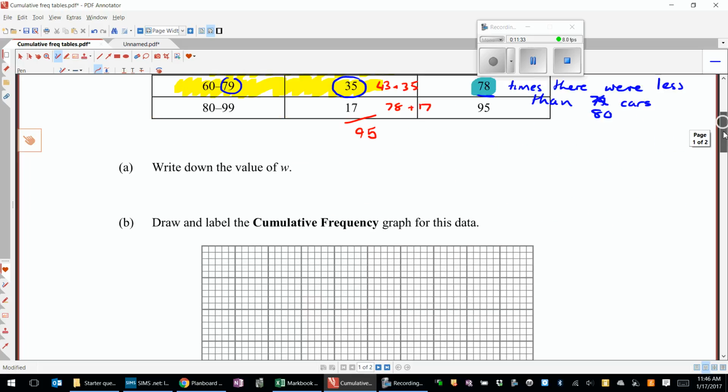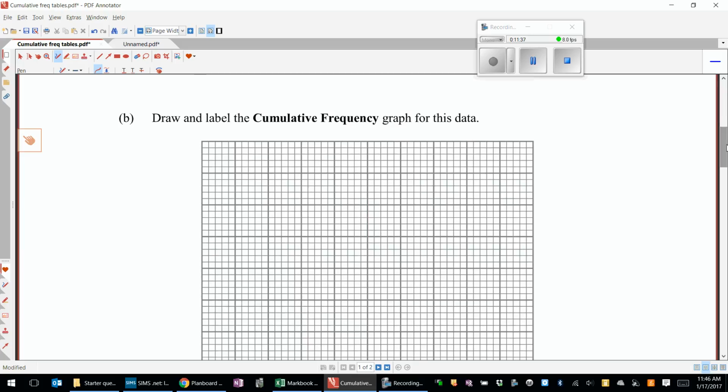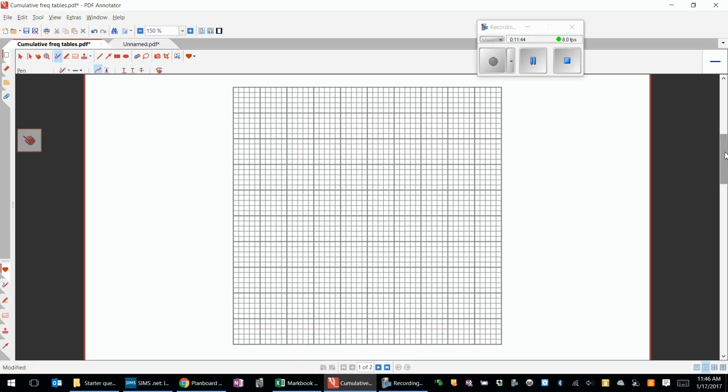How do you all know how to draw and label the cumulative frequency curve from this? No? Okay. Let's have a look then. So basically, on the y-axis it's not frequency, it's going to be cumulative frequency.